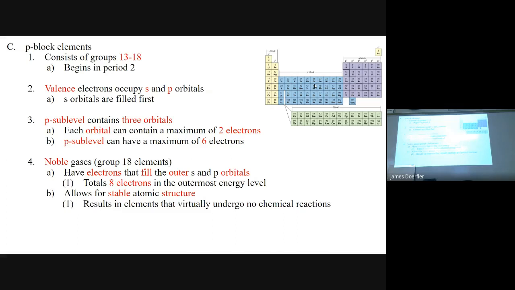These noble gases have electrons that fill the outer S and P orbitals, so we have a maximum of 8. And so when you have a maximum of 8 electrons as your valence electrons, you're going to have a stable atomic structure. And when you're stable in the atomic world, you're pretty much not going to react with any other substances. Again, which led to why they were discovered last.